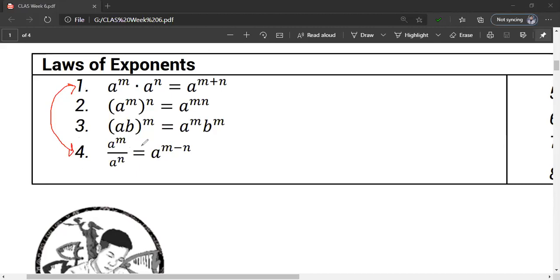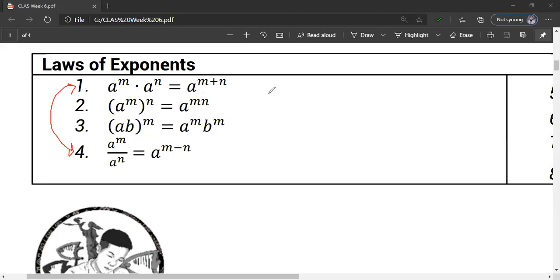Kung yung operation na ginamit natin sa number 1 is multiplication, ang gagawin natin sa number 4 is division. And their answer, kapag in-add natin yung exponent sa number 1, sa first law, ang sa fourth law naman na diniscuss natin is subtract. So kung multiply, plus; kung division, subtract, di ba?